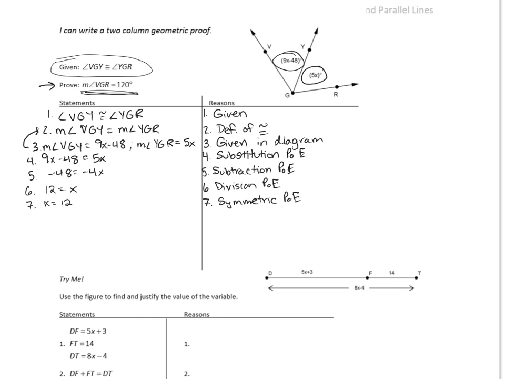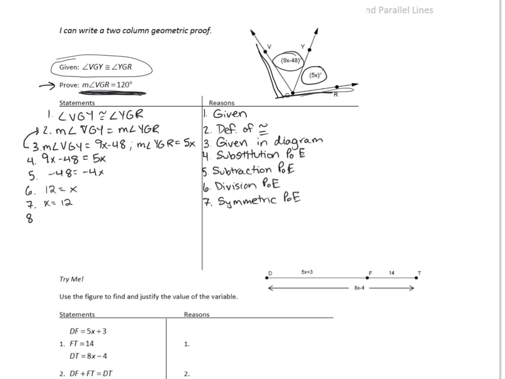But I'm not done. They didn't ask for x. They asked for the measure of angle VGR. Well, the measure of angle VGR is this big angle here. So we're going to have to use our angle addition theorems to get that measurement.